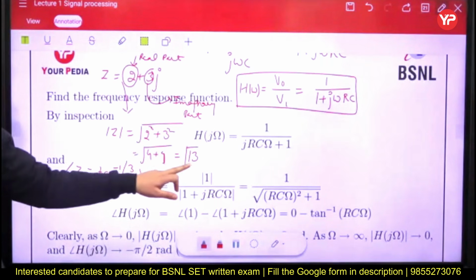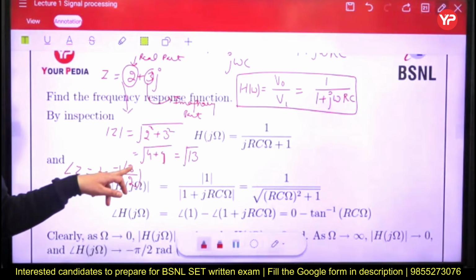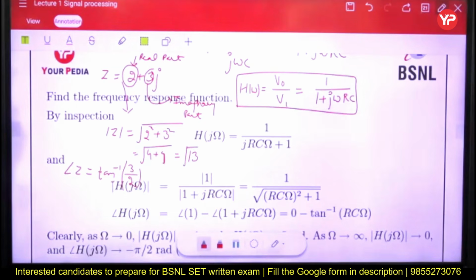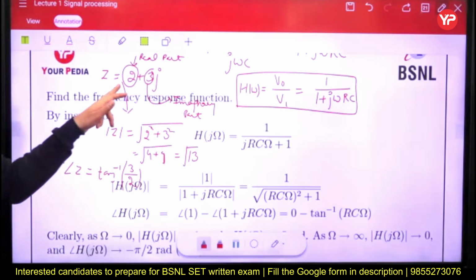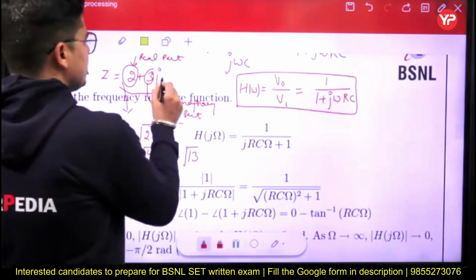So we got under root of 13. And if you calculate the angle or phase, that will be tan inverse of imaginary part over real part. This form of the complex number is known as what? Rectangular form.